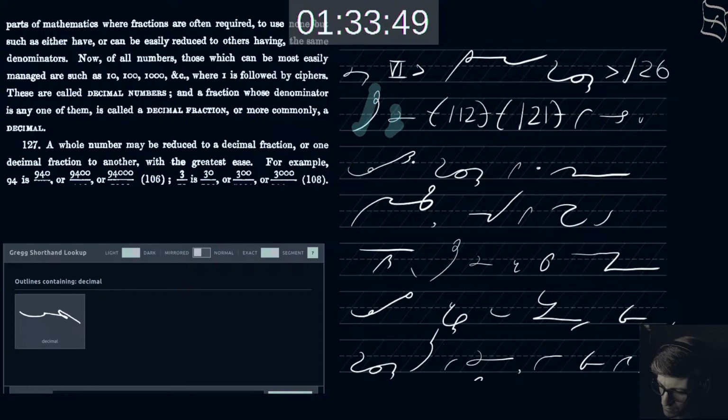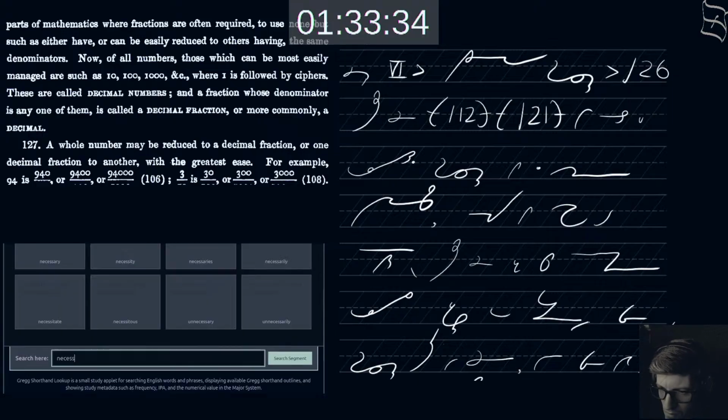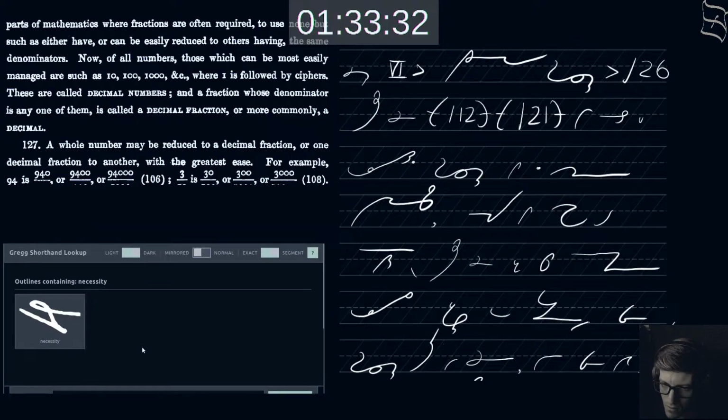We have seen, according to Articles 112 and 121, the necessity, and does necessity require two S's? Oh, yep, I was looking at necessary.